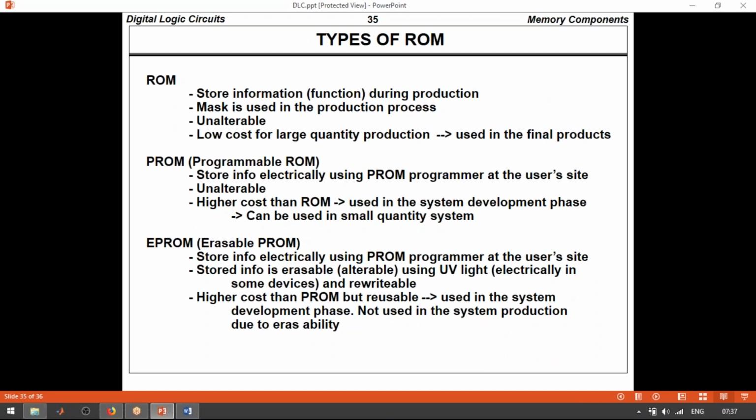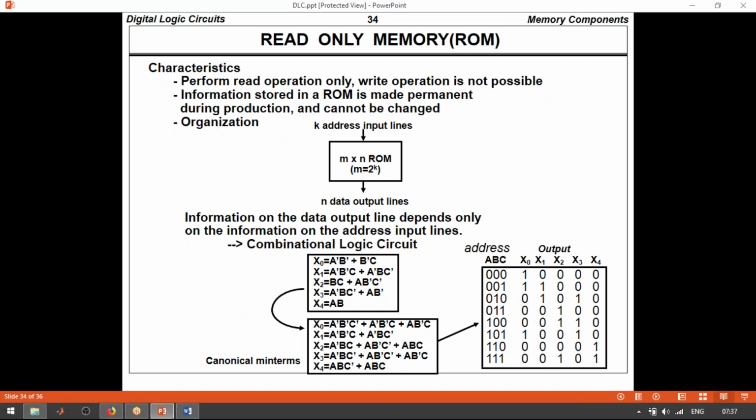Can you explain one more time? Actually, if you have 32 cross 8 memory locations, 32 is the number of memory elements, meaning 32 memory arrays are there, and 8 is the 8-bit wide data.